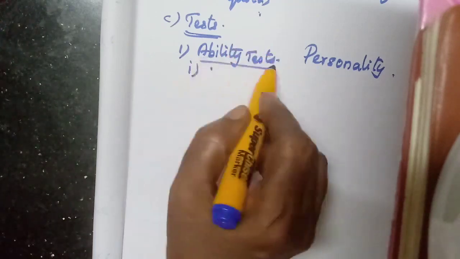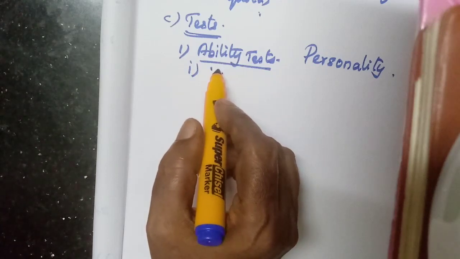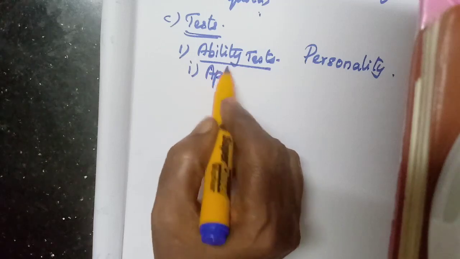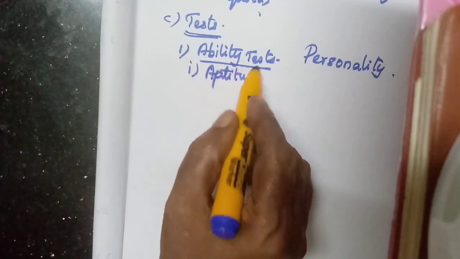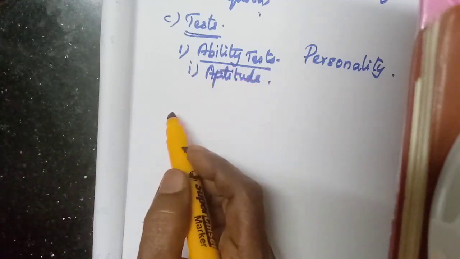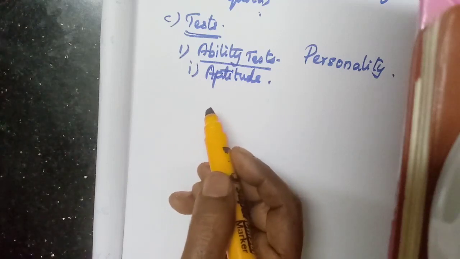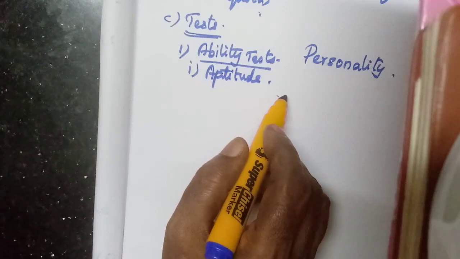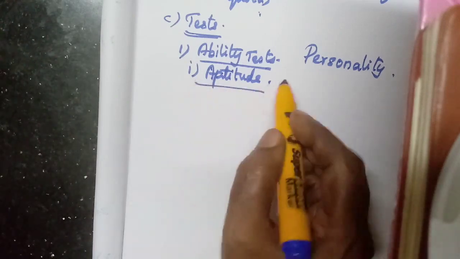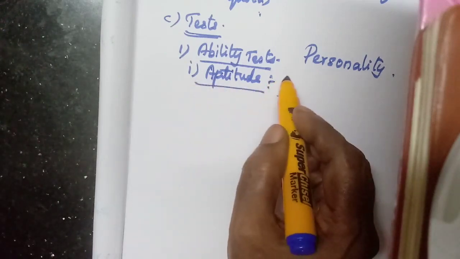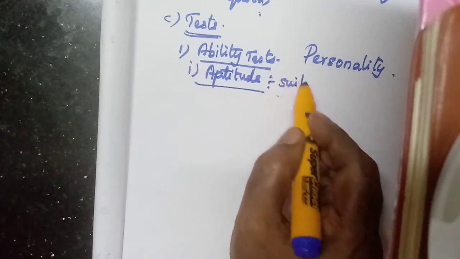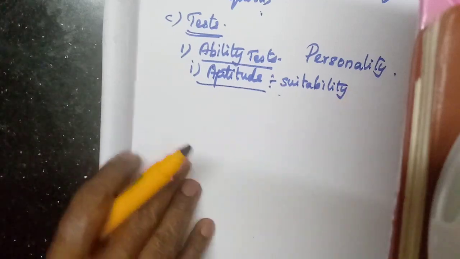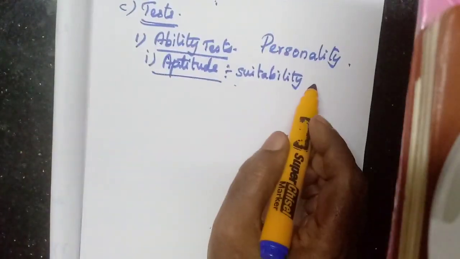Various tests. First one is the aptitude test. Aptitude test alone we are going to see today. What is the aptitude test? In the aptitude test we are also checking the suitability of the person to perform a job, whether he is suitable to do that job.